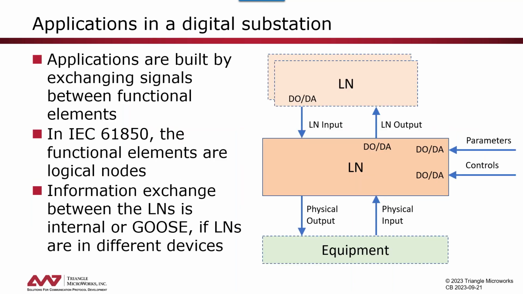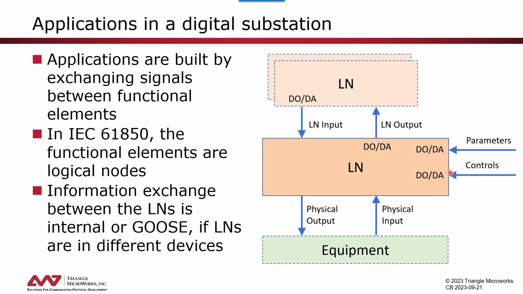The next slide shows another look at the concept of an application, focusing now a little bit on the logical nodes that are representing the functional elements that work together. So a logical node has outputs that are our data objects in the 61850 world that are standardized. We may have parameters that influence the behavior. An example would be an operate delay for a protection element.